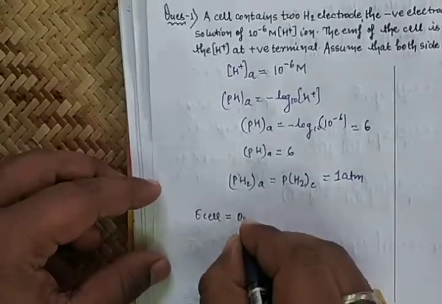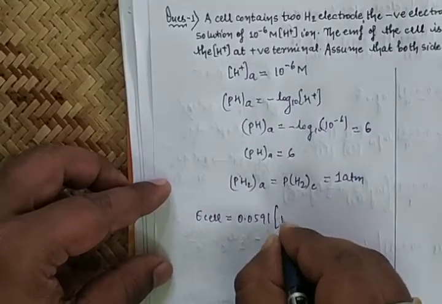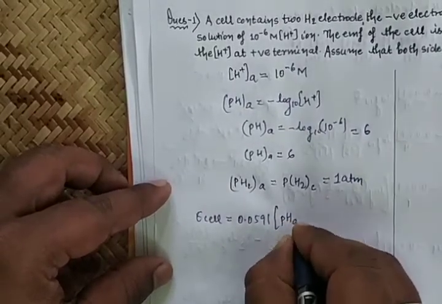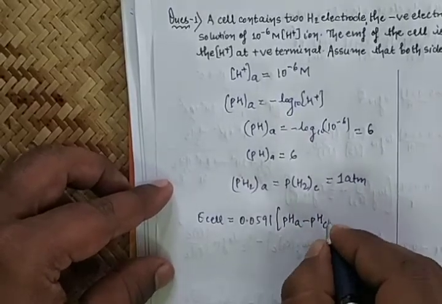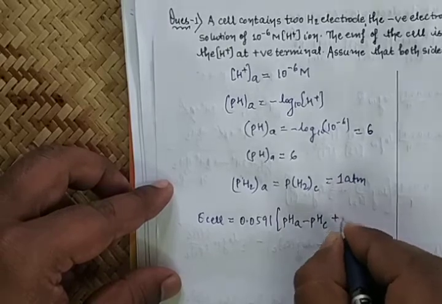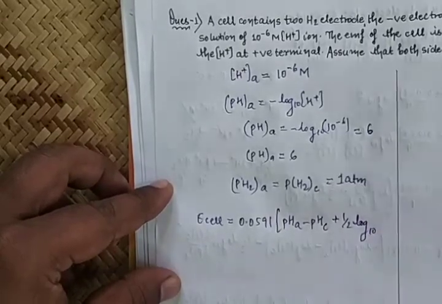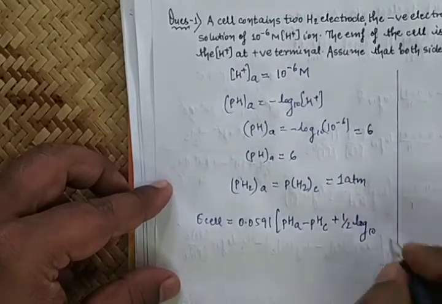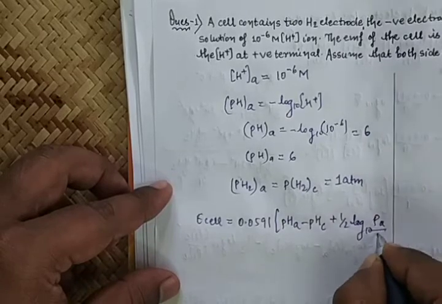So just write down the final formula: 0.0591 times pH of anode, minus pH of cathode, plus half log base 10 of pressure of anode upon pressure of cathode.